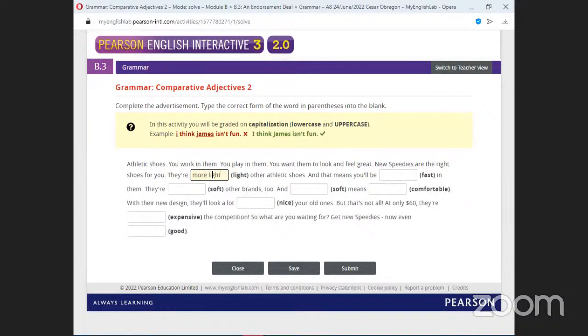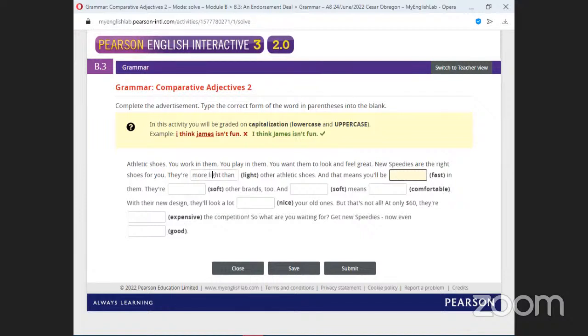I don't know. Light is an adjective, right? Here, it's like they are more light than other athletic shoes. Yes. Okay, so I write more light than.